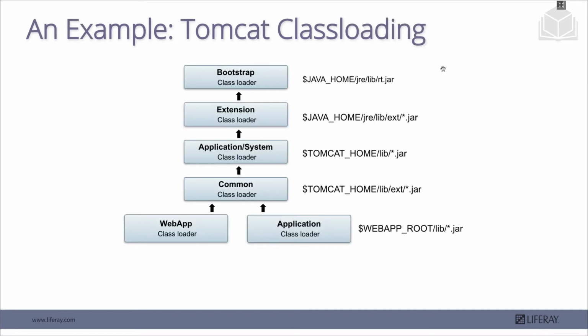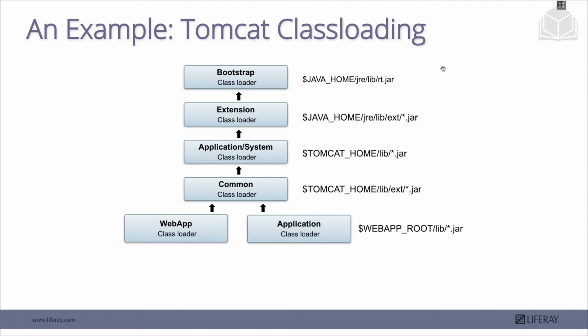All right, so let's take a look at this diagram over here. This is the class loading that's typically done over in the Tomcat world. So we might have a specific application that we deploy, and then it's going to look for the class that it needs. So it's going to first look within what we call the common or the global class loader.